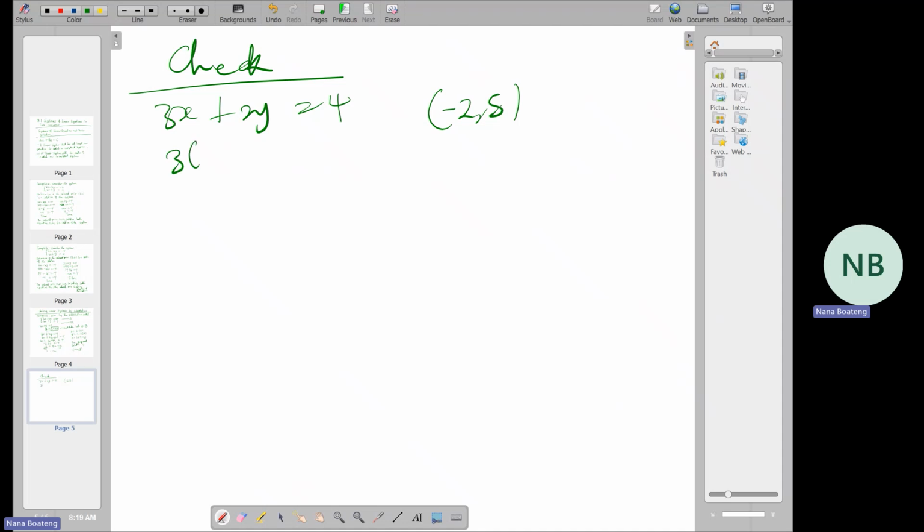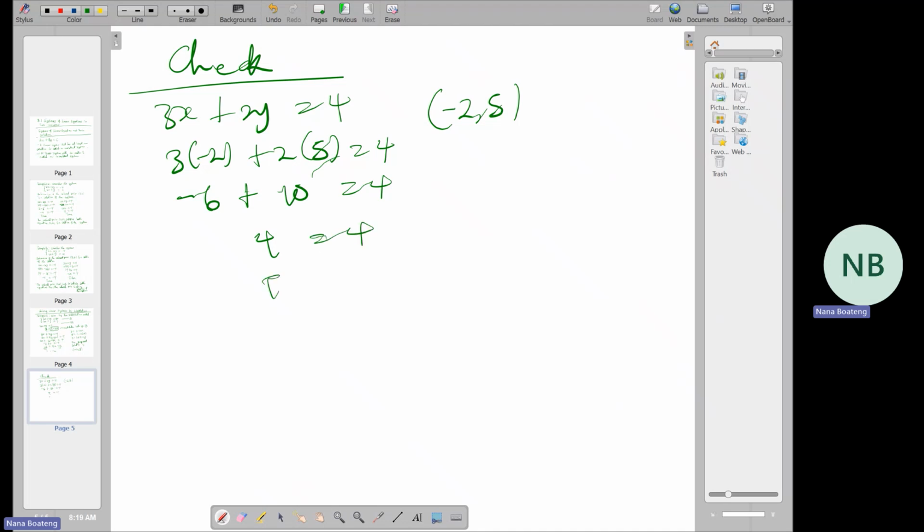So 3 times x, which is negative 2, plus 2 times 5, is equal to 4. So 3 times negative 2 is negative 6, plus 2 times 5 is 10. So negative 6 plus 10 is positive 4. So 4 is equal to 4.